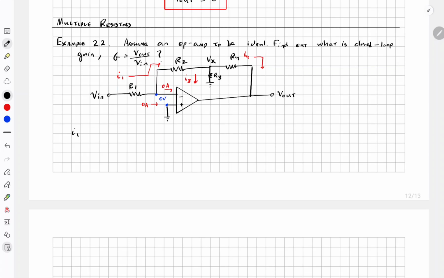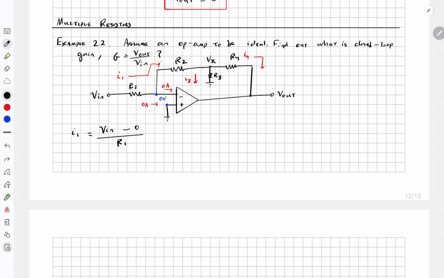We say I1. Let's find out what is I1. I1 is equal to this voltage minus this voltage divided by this resistor. So it's V in minus 0 divided by R1. Another way to express this I1, you can say is this voltage minus this voltage divided by this resistor.